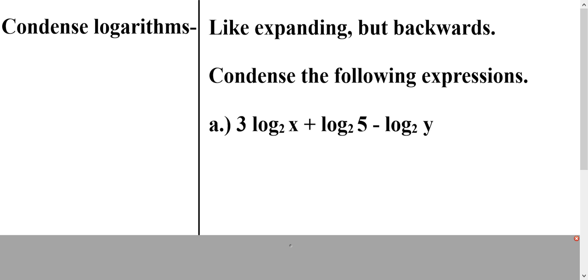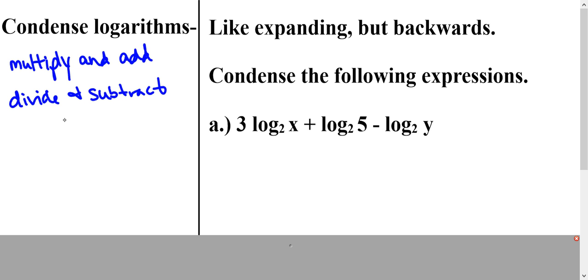Okay, so if we talk about condensing logarithms, this is just like expanding when we used the properties of logarithms last time. And you might recall that we had basically three rules. We had multiply and add. We had divide and subtract.